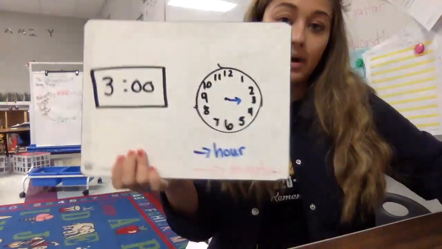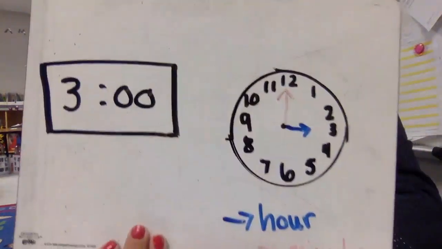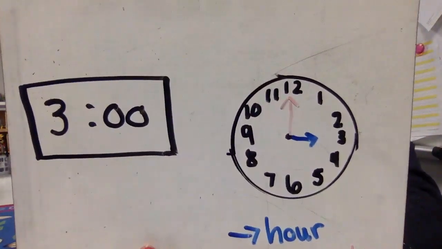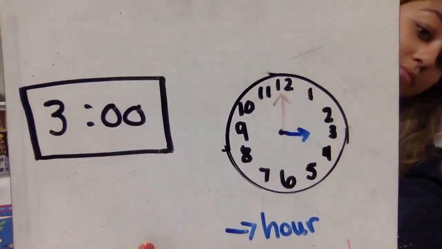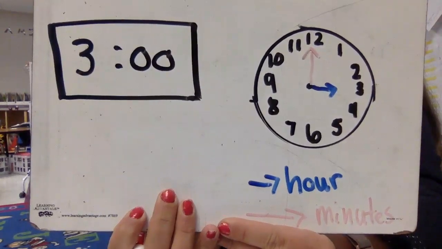Very good. And then my long minute hand would point to what? The 12. Yes, because it's 12 o'clock. O'clock means back at the 12. All right, practice some more.